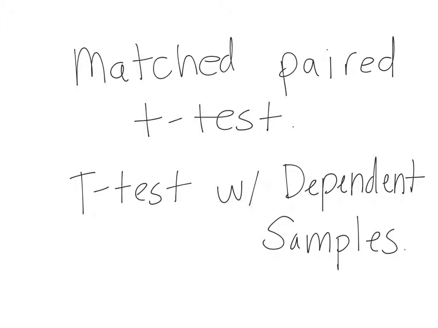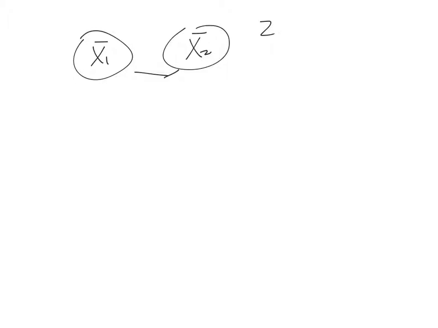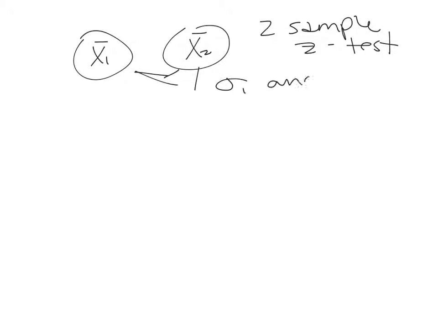Here are the big picture ideas. All right, so we have 2 types of 2 sample tests that we know so far. You have the 2 sample z-test, where you're comparing 2 samples together, and the important thing here is that you know sigma 1 and sigma 2.